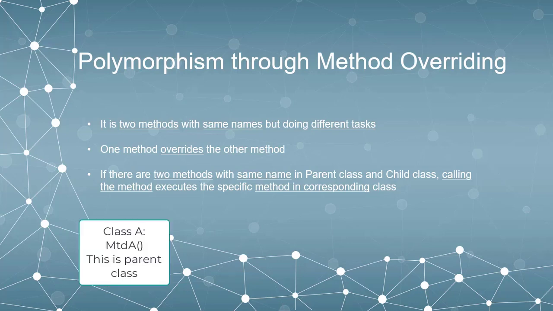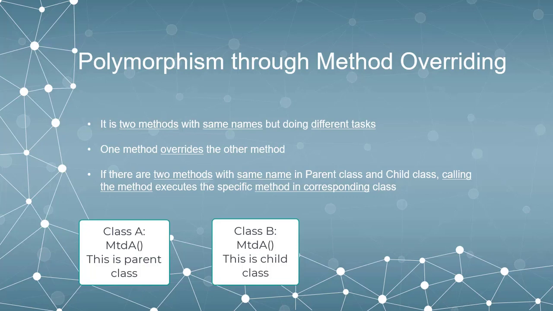Say for example, we have a class A and within class A we have a method named method A, and we have a class B which is going to inherit class A. So class B is a child of class A, and within class B there is another method having the same name as method A. So method A is present in both class A and class B. In this case the method A in the child class is overriding the method A in the parent class, and in such a situation calling the method executes the specific method in the corresponding class based on where the object is created. Let's see this with an example.